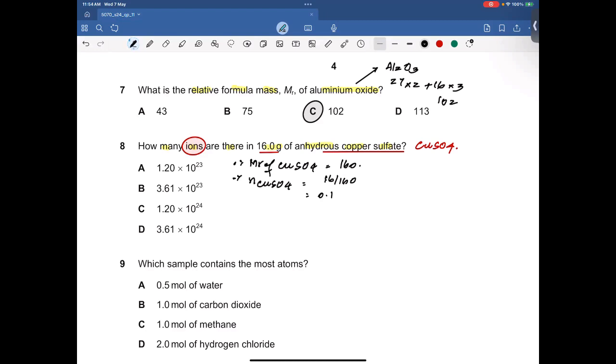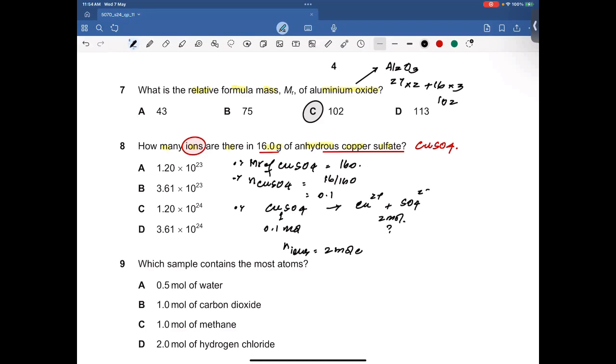All right. Now in the next step, copper sulfate ionizes into its copper ions and sulfate ions, which means 1 mole gives you 2 moles of ions. So if you have 0.1 mole, how many moles of ions will you get? 2 moles of ions.